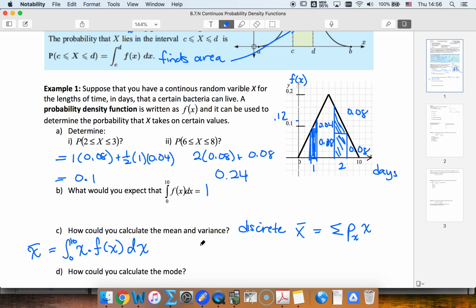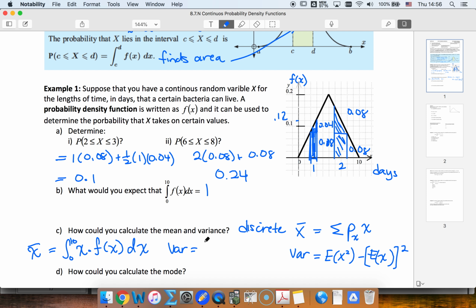knowledge. And variance, well, we know that variance for discrete is going to be E of x squared minus E of x whole quantity squared. Well, I'm going to have the same thing with continuous.